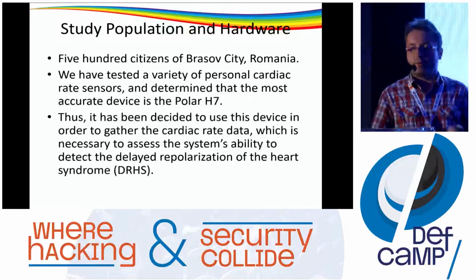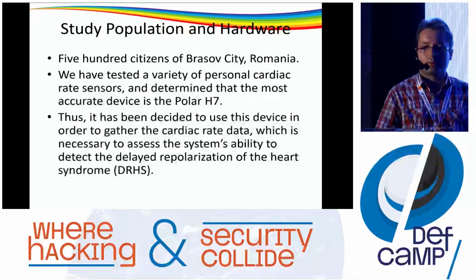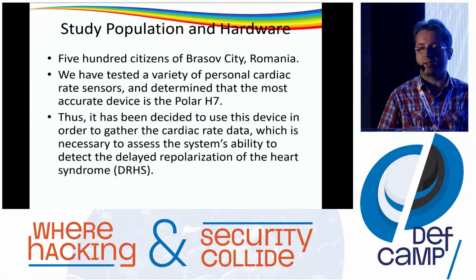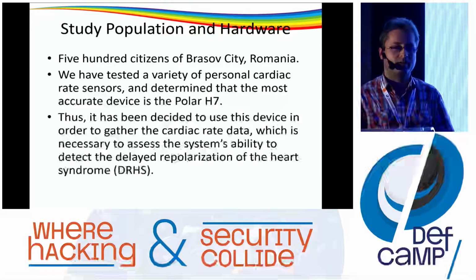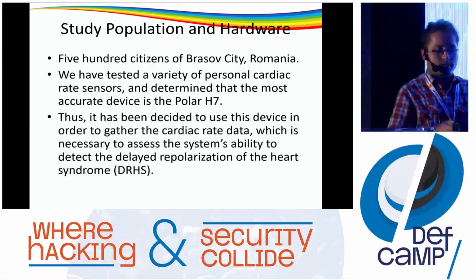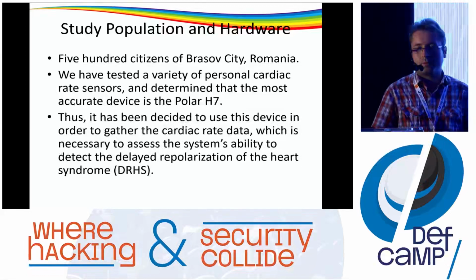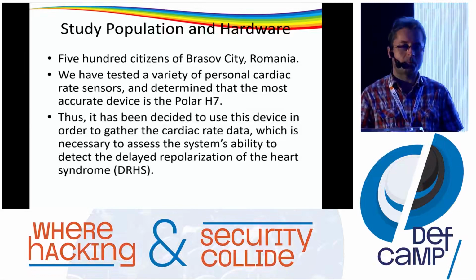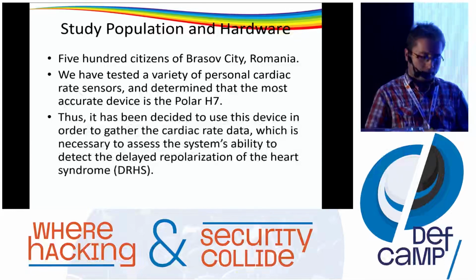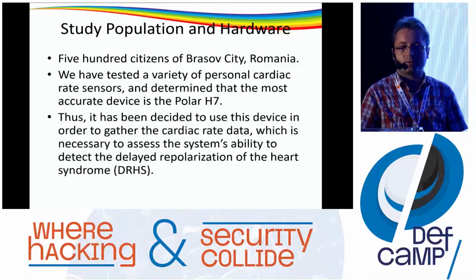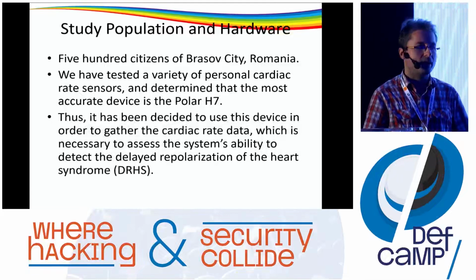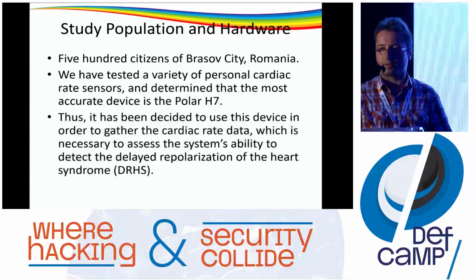But before speaking about the metrics, I'll give you some brief remarks regarding the hardware and the study population. The study population refers to 500 residents of Brașov city, Romania, and the hardware that is of interest, so the wearables, are the Polar H7 watches.